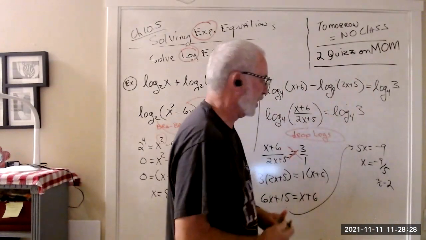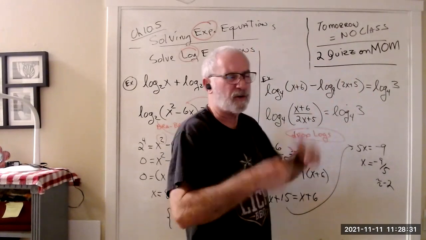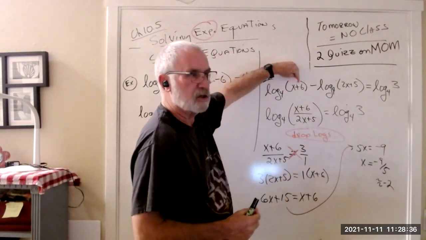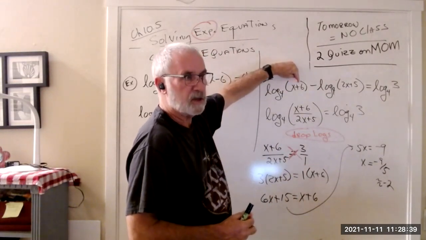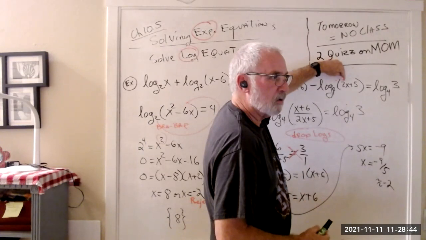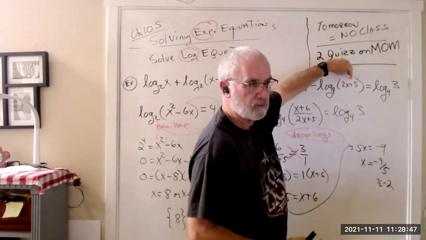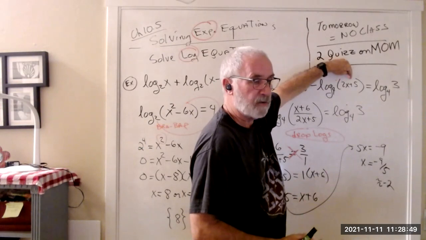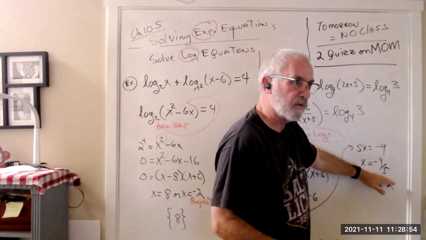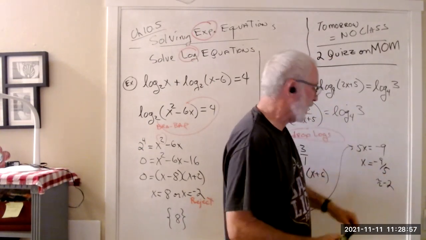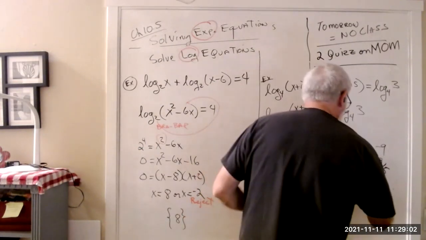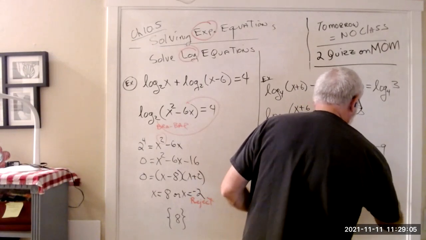Think about that for just a second. 9/5 is about -2. Is -2 plus 6 negative? No, it's safe. Is 2 times -2 plus 5 negative? No, it's safe. So even though x was negative, it still is an okay answer. It still checks. So our solution set for this problem is -9/5.